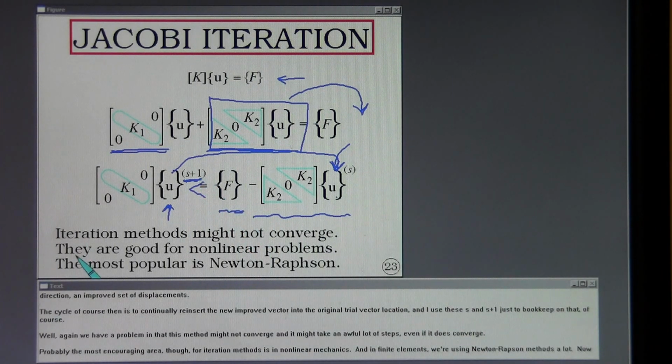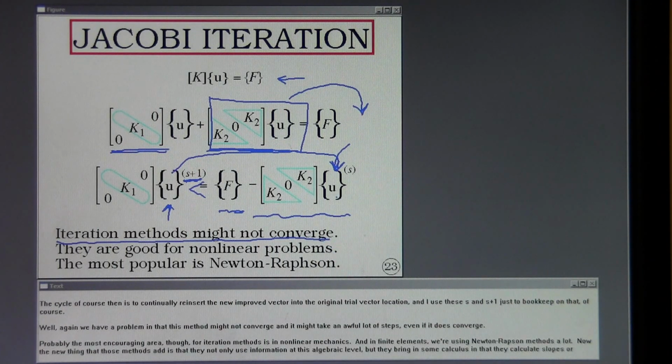Well, again, we have a problem in that this method might not converge, and it might take an awful lot of steps even if it does converge. Probably the most encouraging area, though, for iteration methods is in nonlinear mechanics, and in finite elements we're using Newton-Raphson methods a lot.